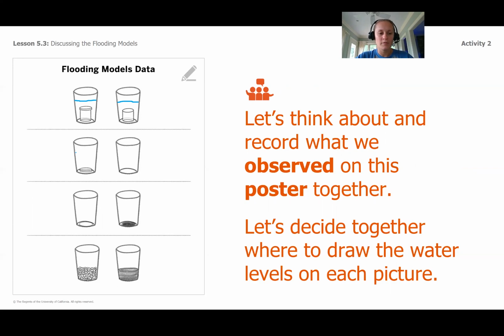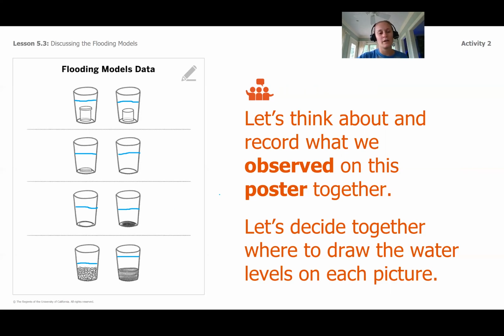What about the water fountain? I noticed that they were pretty equal, not much difference. The different color surface was exactly the same. The gravel water line was pretty low and the clay water line was pretty high.